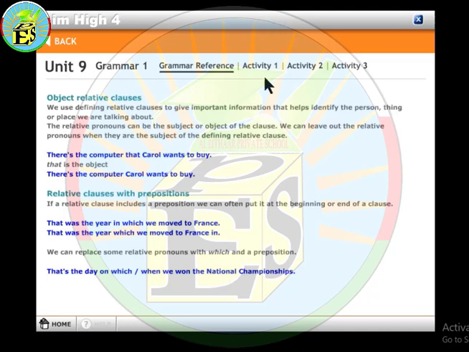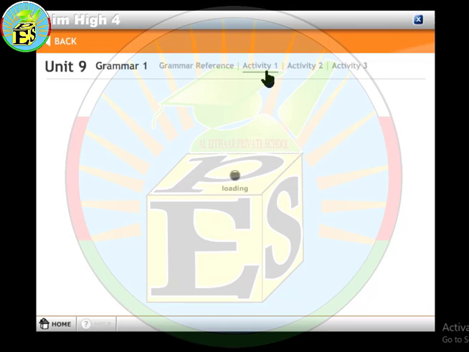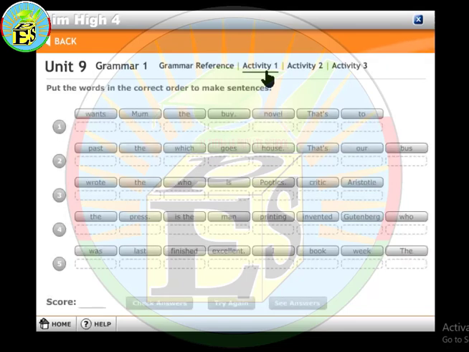Now let's go to the activities to practice. Activity number 1, put the words in the correct order to make sentences. As I told you, search for the words which begin with a capital letter. We have once, mom, the, buy, novel, that's, to.